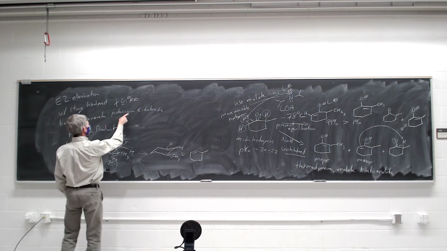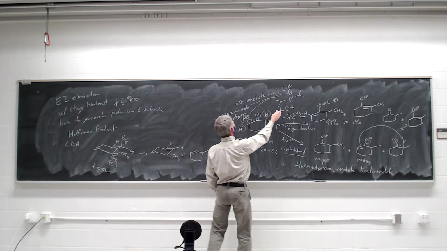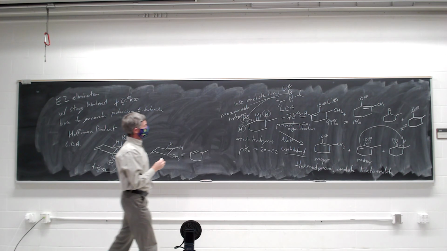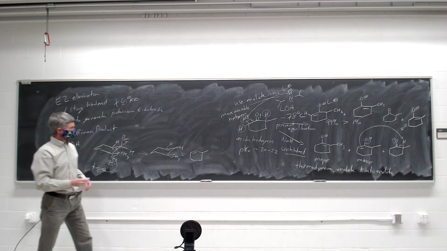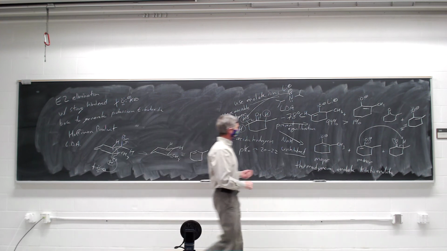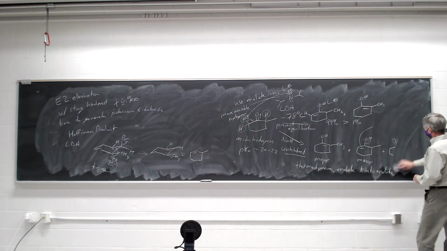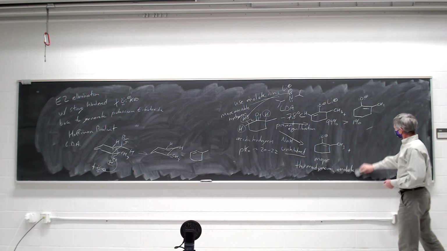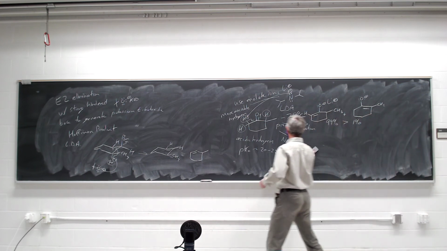Why won't potassium tert-butoxide work for this reaction? It has to be LDA. So not just any hindered base, right? It's got to be a really strong hindered base.